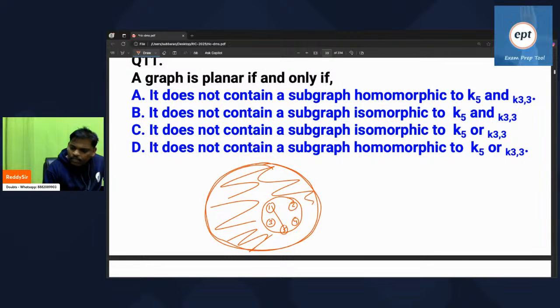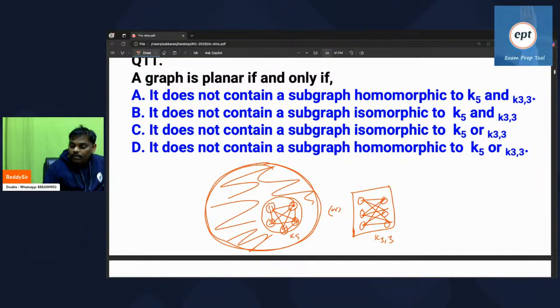It is a K5 diagram. And this is the K33 diagram.